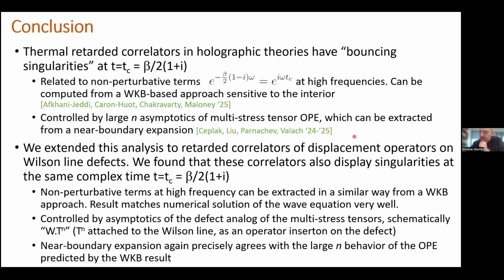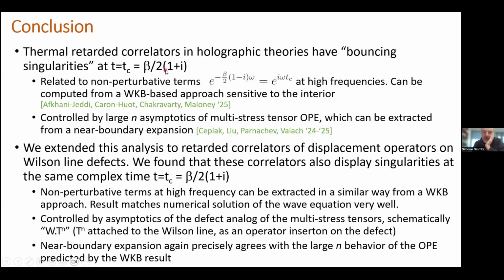Okay, I think I'm kind of over time, so let me just summarize. First, I reviewed the case of thermal retarded correlators in holographic theories. Not that we showed, but I reviewed that they have bouncing singularities at this location, and these are in frequency space related to these non-perturbative tails, which can be computed directly by this WKB method of Anijadi et al.